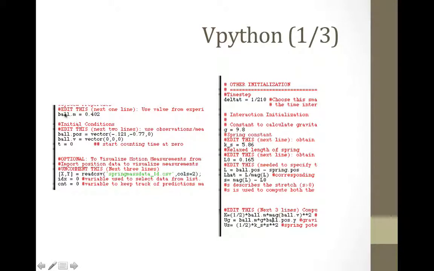The coding is right here. So the initial conditions were set, the ball's position as well as velocity, and it started from rest, so the velocity was 0. And over here, all the other important things were set, allowing us to incorporate spring force and gravity force.